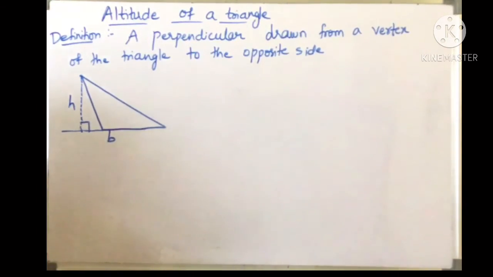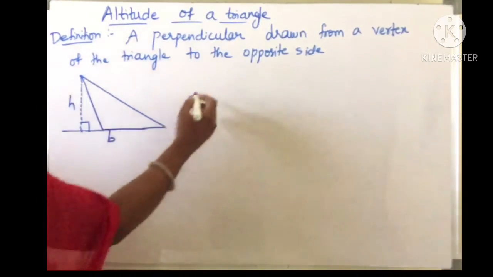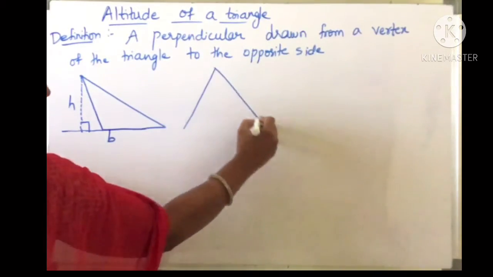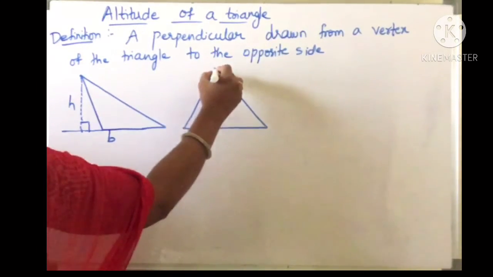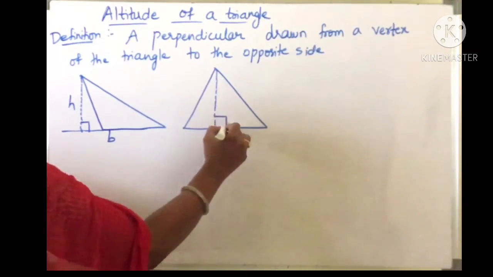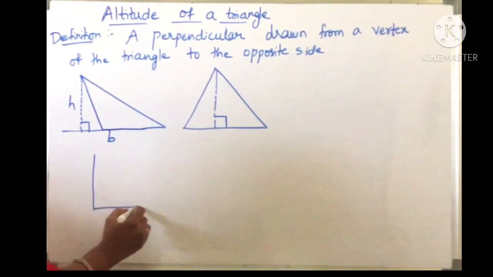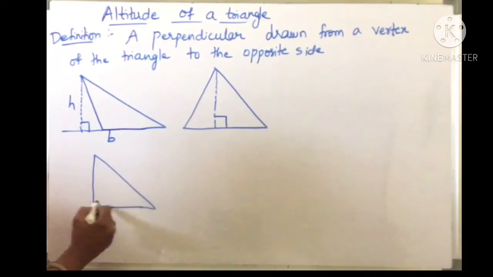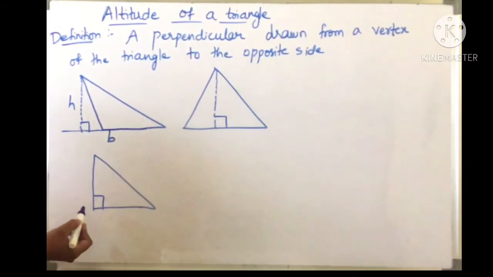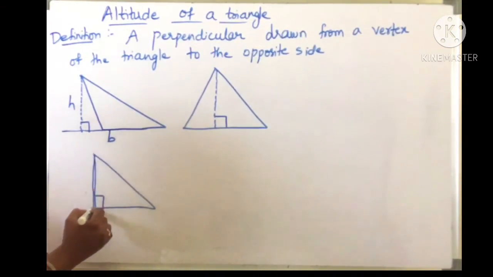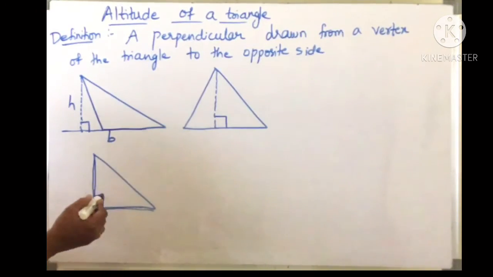Now what about acute angle triangle? Here if I find for acute angle triangle, the altitude will be inside of the triangle. So what about the right angle triangle, children? This is right angle triangle. Then what about the altitude here? Yes, for right angle triangle, the two sides containing the right angle are the two altitudes.